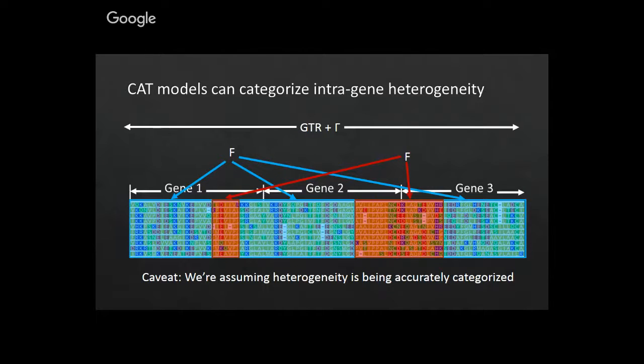It's also worth pointing out that the site heterogeneous models and partitioning schemes with site-homogeneous models like WAG or LG, or any number of models, all assume base compositional homogeneity and don't account for heterotachy, which of course can also be model violations. That's at least something to keep in mind when we're talking about these models.